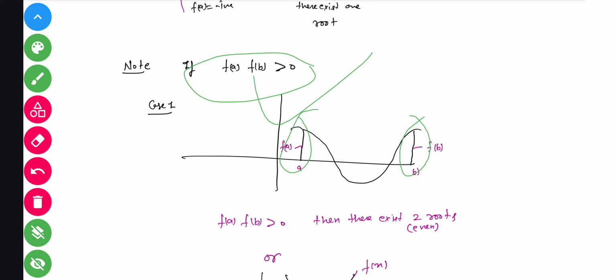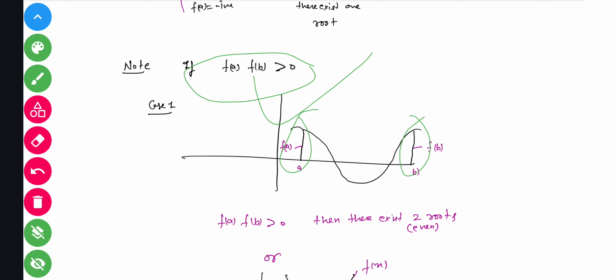So there is always a possibility that there are 0 roots in that interval. So we don't consider this condition as a valid condition to find the root. That is why we always consider f(a) times f(b) less than 0 as the valid condition to find the root in that interval.